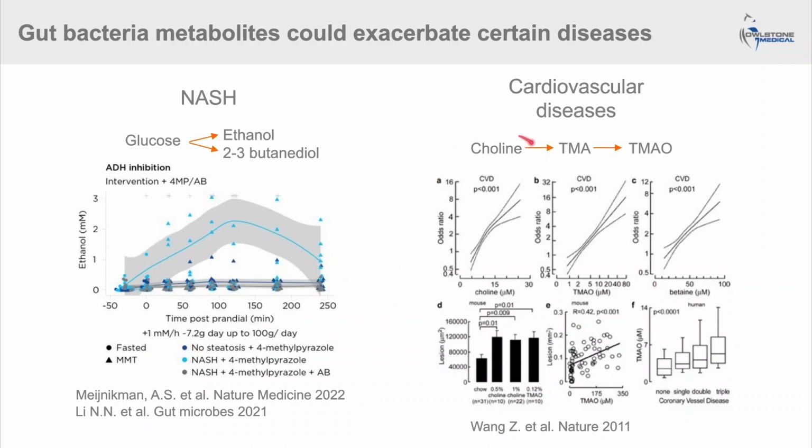Another example is the choline-TMA-TMAO pathway. In particular, trimethylamine N-oxide has been found associated with cardiovascular diseases. And at the preclinical level, TMAO has been found to increase cardiovascular lesions in mice, suggesting that this pathway may also be involved in the exacerbation of cardiovascular diseases.